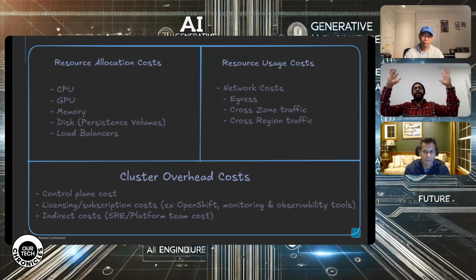And then you take your workloads and the usage of it, you have the allocation cost. This is typically your compute, your disk, and other things like load balancers, right? And then you also have the usage cost. This is based on the actual usage of it, the network costs, right?